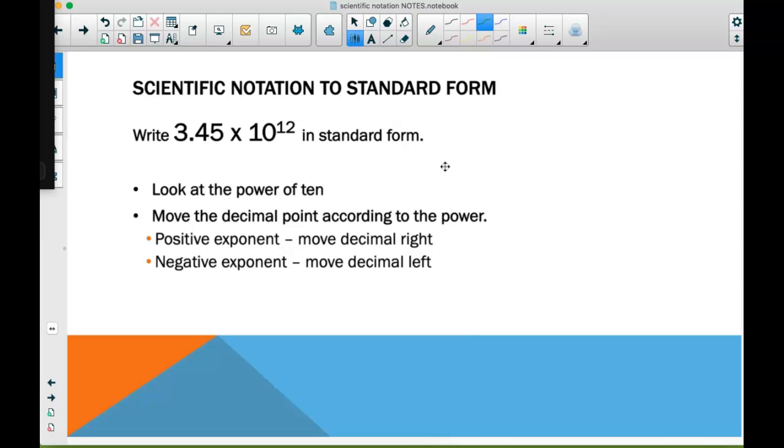Okay, so we look at how many times are we multiplying by 10? Well, we're multiplying by 10 12 times. So you just move the decimal 12 places. So we have 3.45. Move it 1, 2, 3, 4, 5, 6, 7, 8, 9, 10, 11, 12 places.